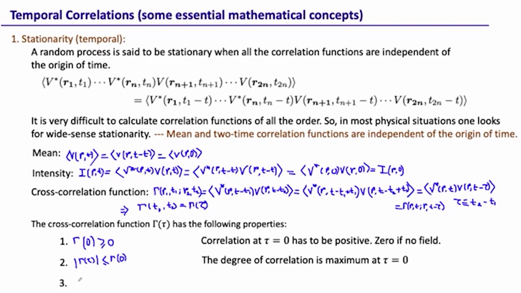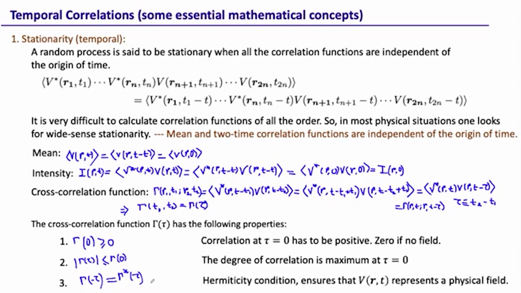The last property here is the same as we had done for the analytic signal, and the real signal being real. So gamma of minus tau is equal to gamma star tau. We will see this property keep coming back again and again.